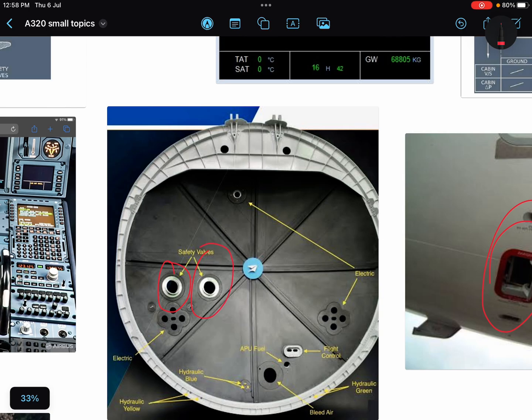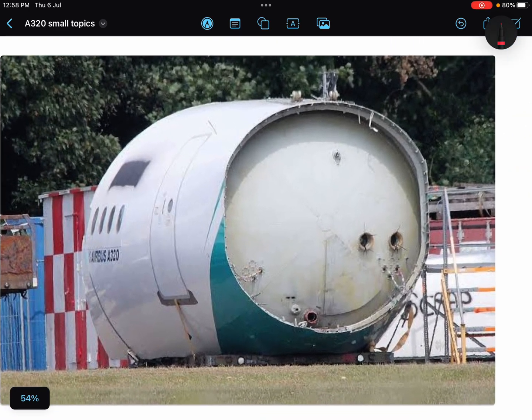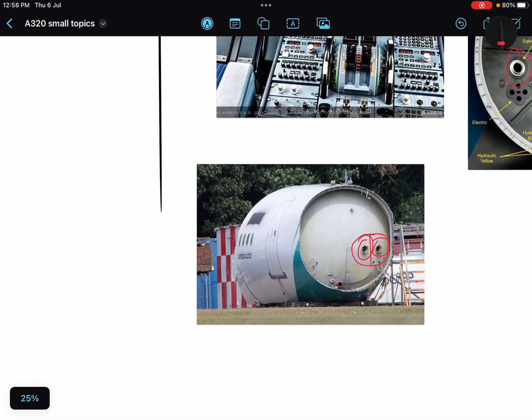There are two safety valves on the rear bulkhead. You can see over here, if you can imagine a fuselage without the APU from behind, there are two safety valves, right? Okay, they all help to pressurize the aircraft.